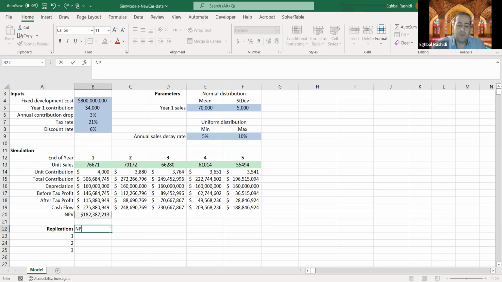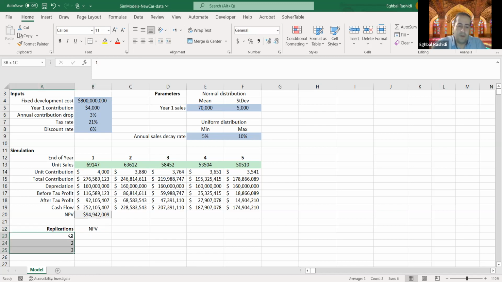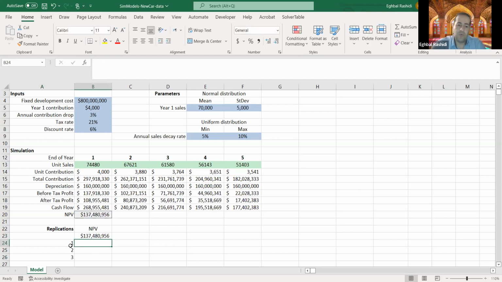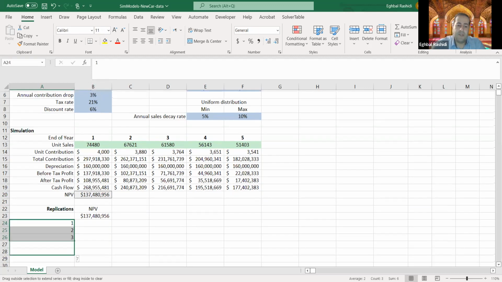And here I'm going to compute the NPV. I have to make one space below the NPV so I can reference this NPV cell to the original NPV here. Now I can actually use the one-way data table to do that.